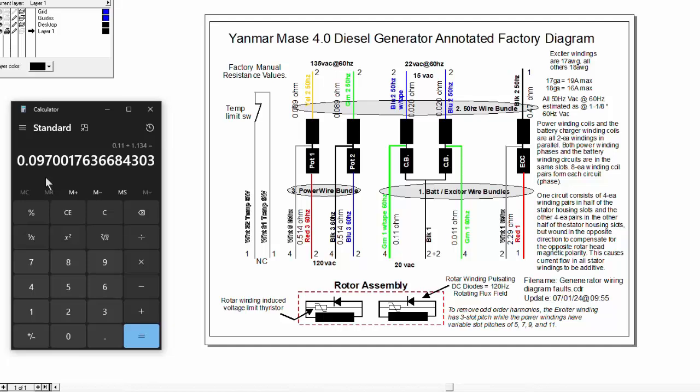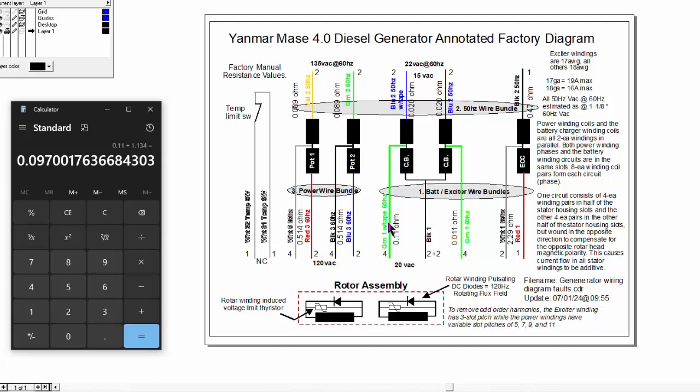The ratio is 0.097. We'll call that 10%, 0.1. So 10% of these coils are removed. 10% of the loops in each slot are removed because we're removing the battery charge windings, which is only 10%. So that's not as much as I thought it was.